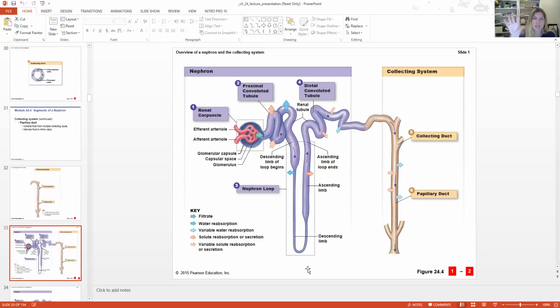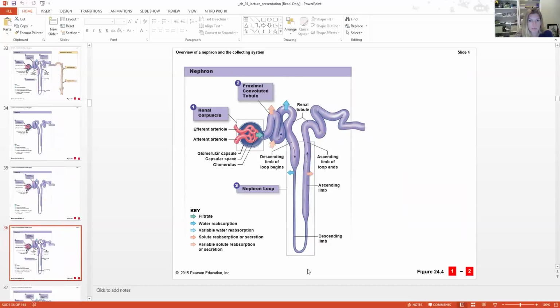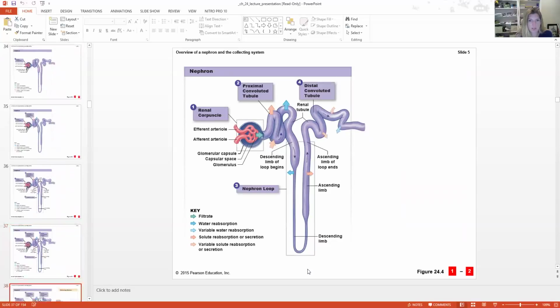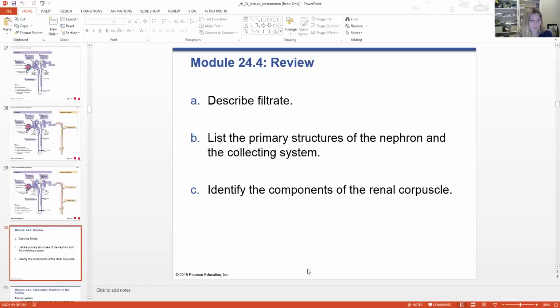Then on the DCT, aldosterone and ADH are going to adjust filtrate concentrations as needed. That DCT leads to the collecting system, to the collecting duct, and the papillary duct, where final ion and water concentrations can be adjusted based upon what your body needs. There's the nephron, all of the little pieces put together there, and the collecting system.